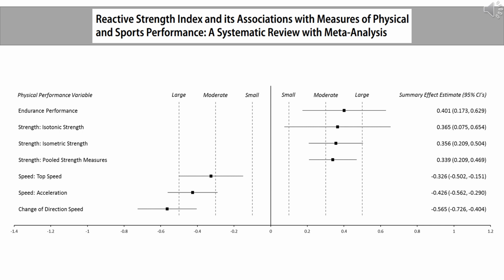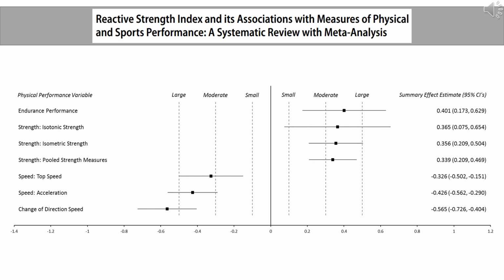And what you can see here is our summary effect size with confidence intervals between RSI and a number of different independent measures of physical performance, ranging from endurance, strength, acceleration, top speed, and change of direction speed. What you see here on the right is our pooled effect size, or R value, noting that the R value is the effect estimate.